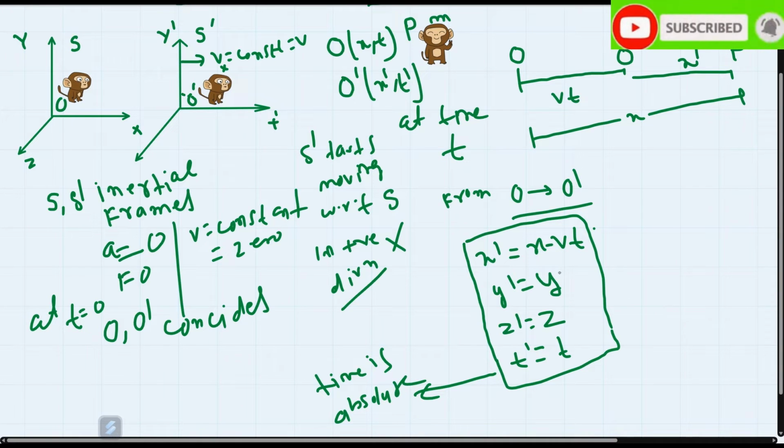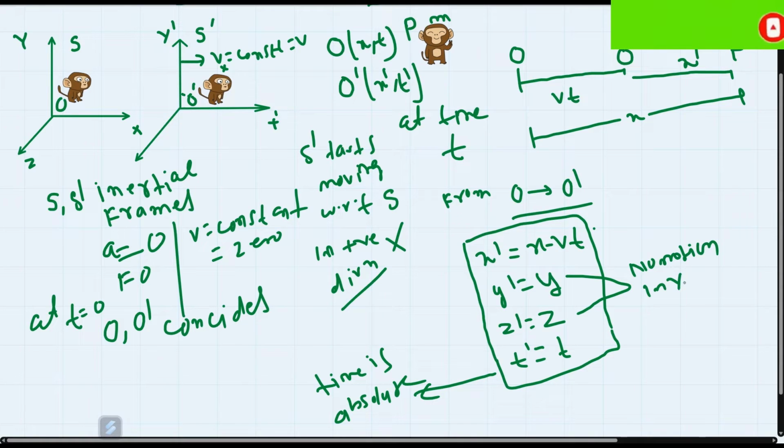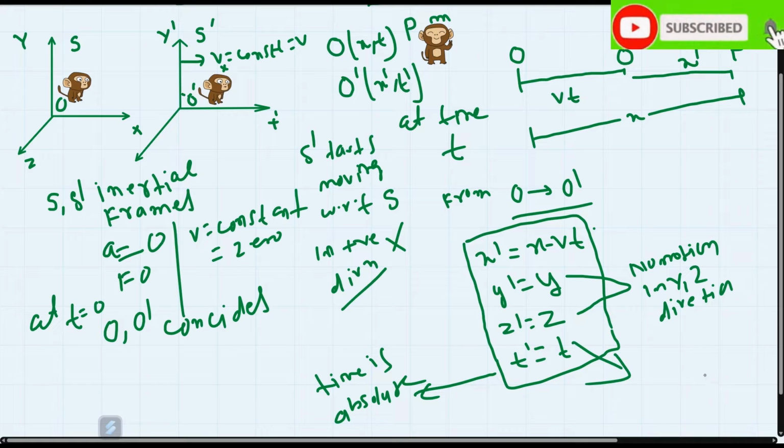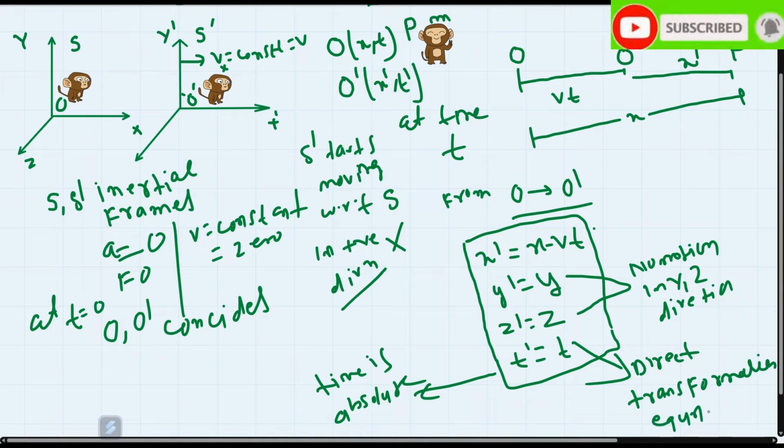And you can also write that there is no motion in the y and z directions. So these four sets of equations are called direct transformation equations.